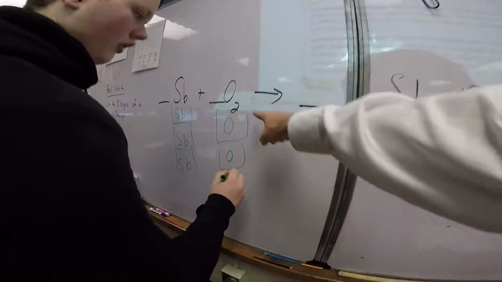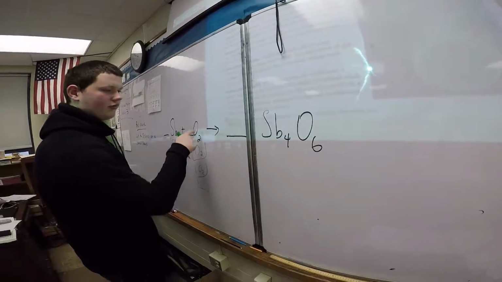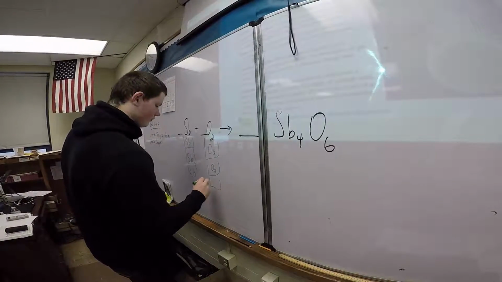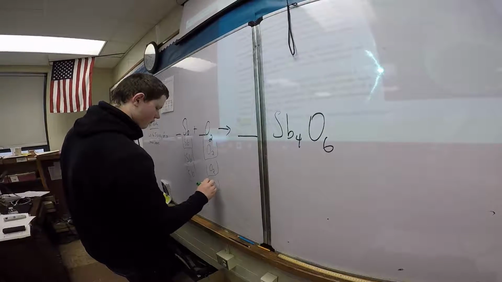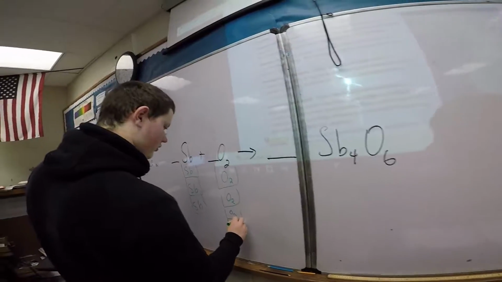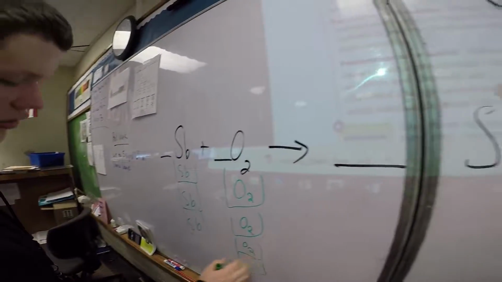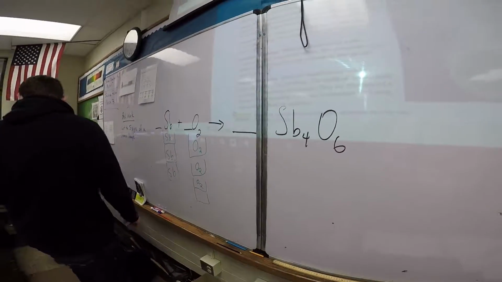That's got to be O2. Oh, yeah, you're right. But that's 6, so I have to do 4 more. Well, it's going to be total 6. Your 4 is right, but you got 6 here, so 2, 4, 6, yeah. Makes sense? You got this.